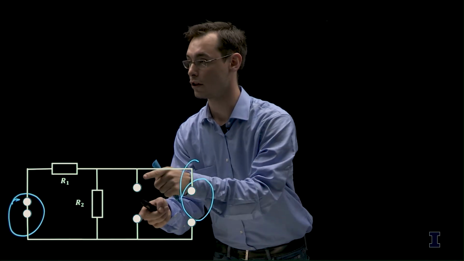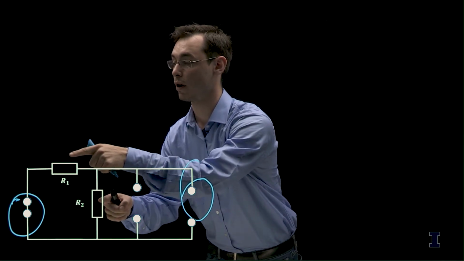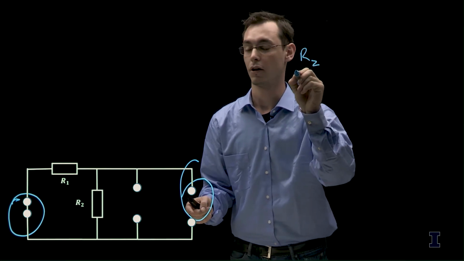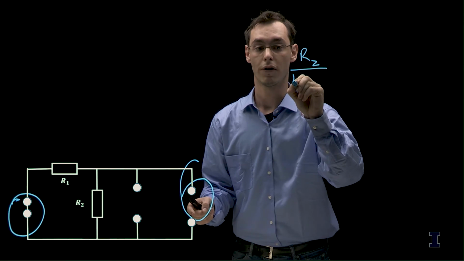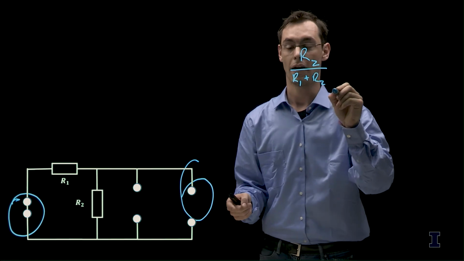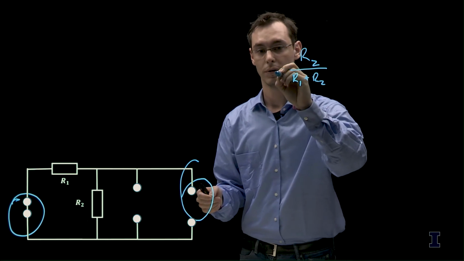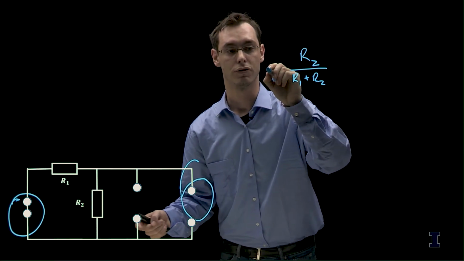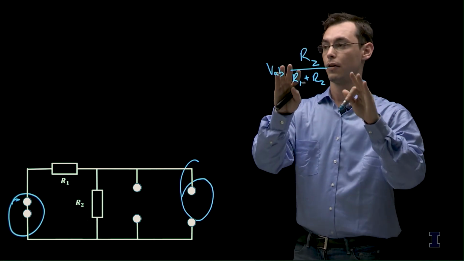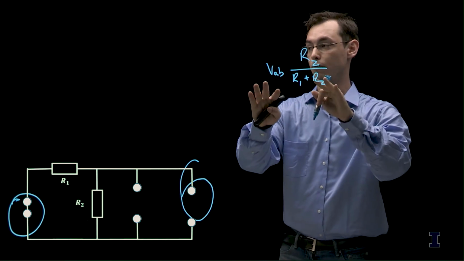Again, our vantage point is here, and because we're dividing the circuit at this point, we want to note that it's going to be R2, the single element that we're analyzing across, over R1 plus R2, as we've done in previous modules. Ultimately, since this is just a resistance and we want a voltage, we want to multiply by this original voltage source that we had here. So this is half the battle, because we're only analyzing, from this perspective, what's happening with respect to the voltage source.